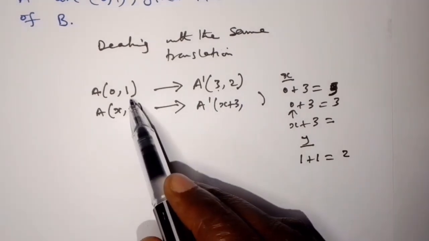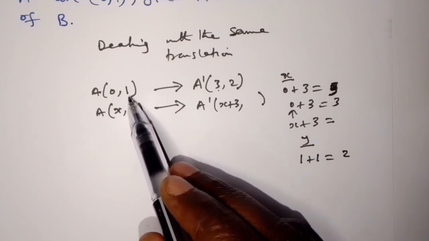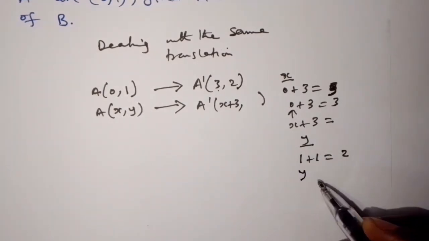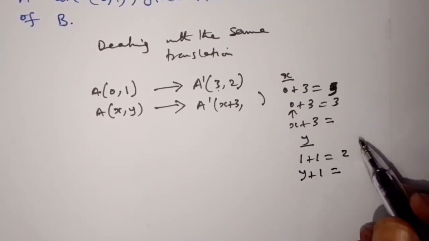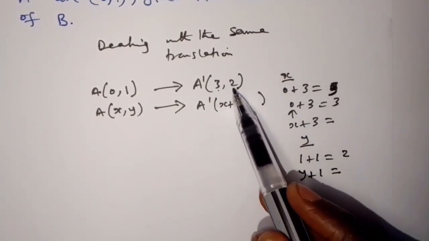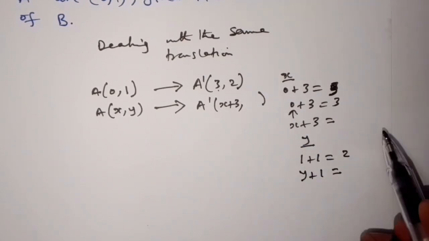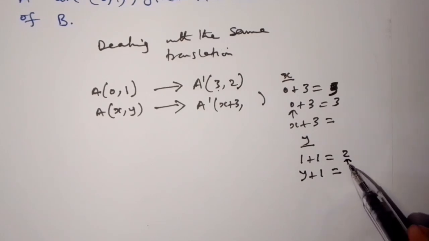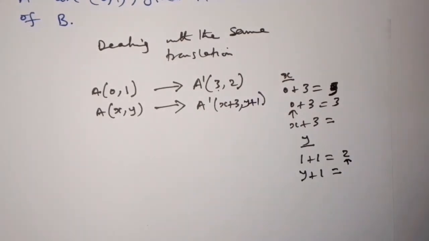So now when we replace 1 by y, then we can say that y plus 1 is supposed to give us the coordinate of y here. So instead of saying that it is 2 here, we can bring this y plus 1 here.